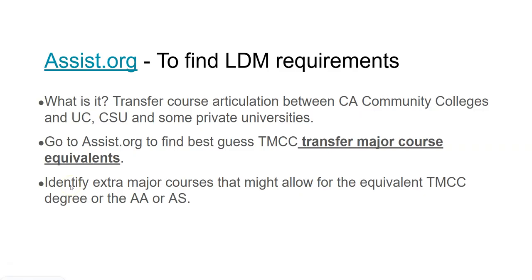And then what we would do is look at those transfer major course equivalents and then look at our equivalents, like psychology, for example, as a good example. With psychology, at most CSUs, the major requirements are like Psych 101, stats, research methods. That's about it.